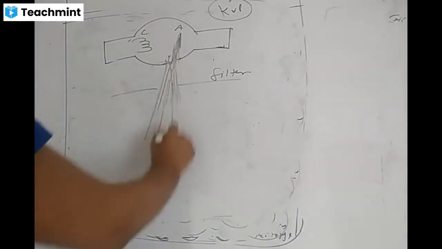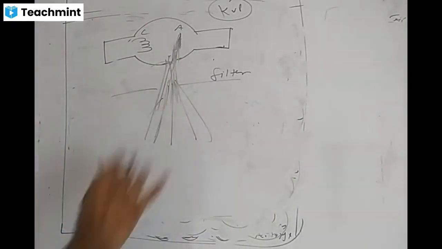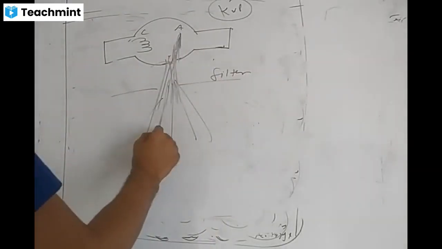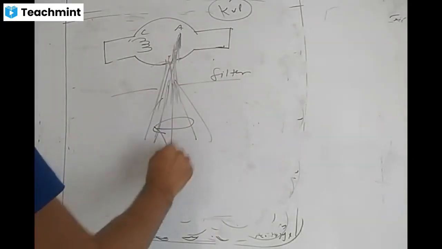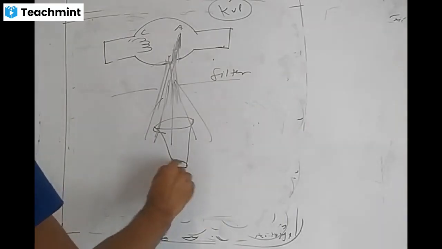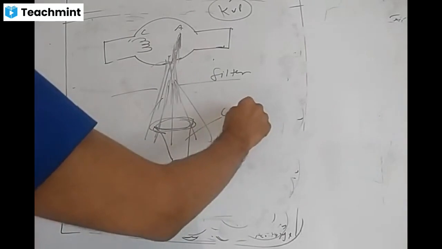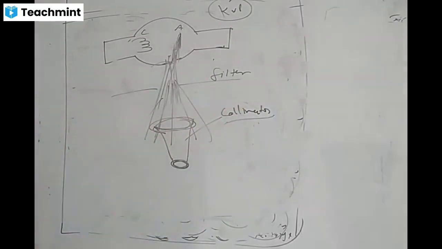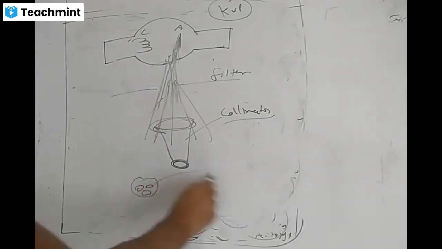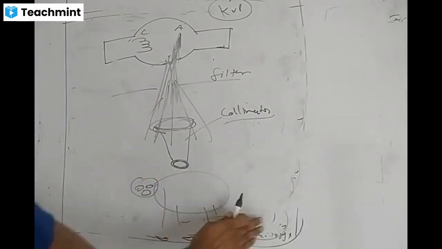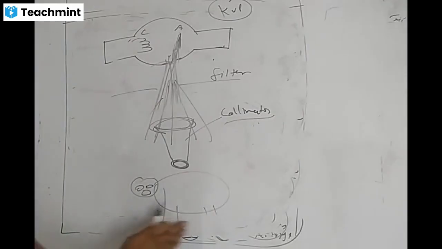This is your divergent beam. If I apply a collimator like this, suppose a cone shape collimator, it will focus all the radiation onto your target area, this thoracic cavity having lungs.